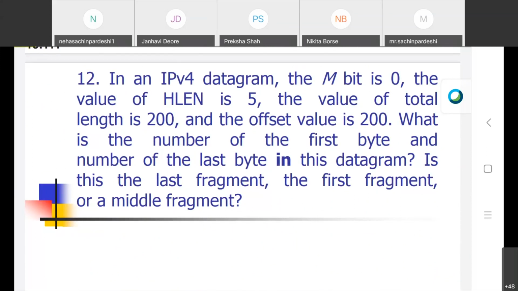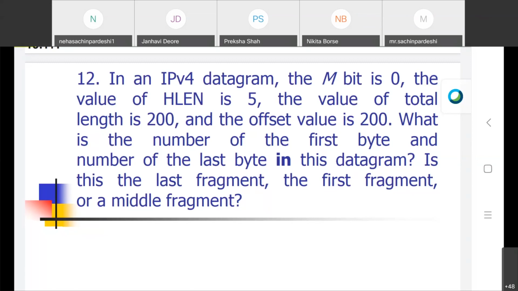Next, a datagram. The M bit is 0, so the more fragment bit is 0. The value of HLEN is 5, and the header length is 20, since 5 into 4 is 20. The value of total length is 200, so the data length is 180, which is 200 minus 20. The offset value given is 200. So 200 into 8 is 1600.